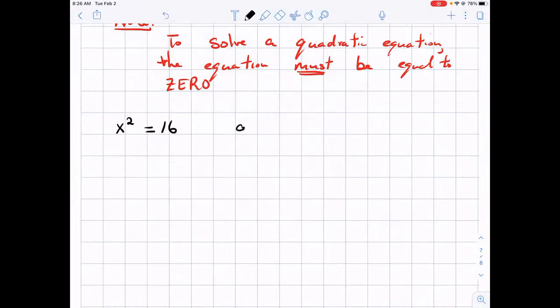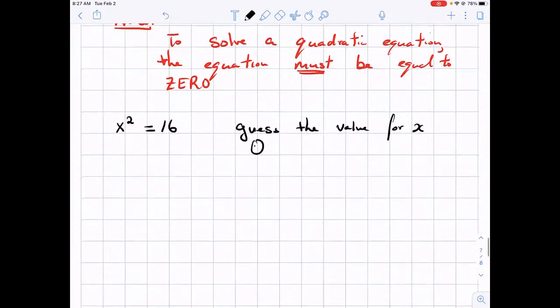And let's guess the value for x. Well, most of you will say, hey, x is equal to 4. But this is only partially correct.